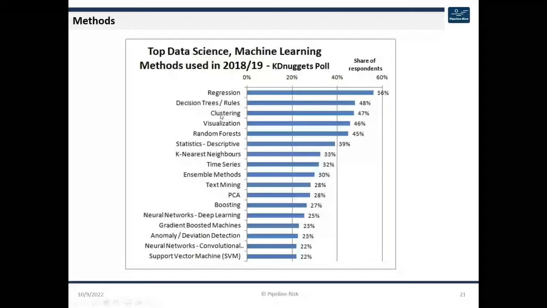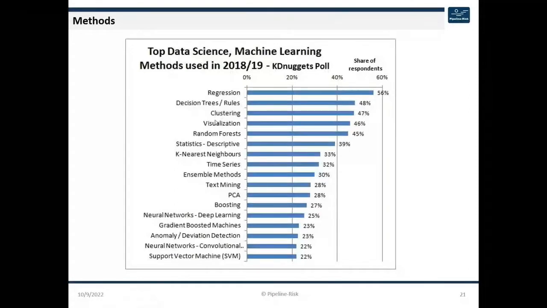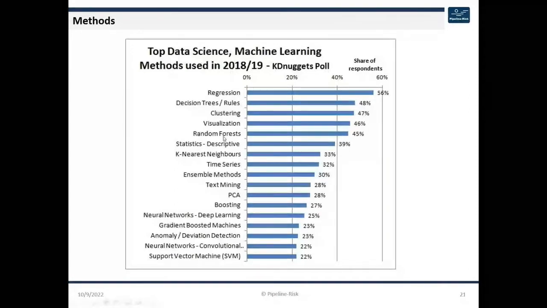And then scanning on down through the list here, you can see random forests, which is really a derivation of decision trees, what we call bagging for decision trees. K-Nearest Neighbors, I've got a pretty good example for that. Time series is just an algorithm set that looks at patterns over time.